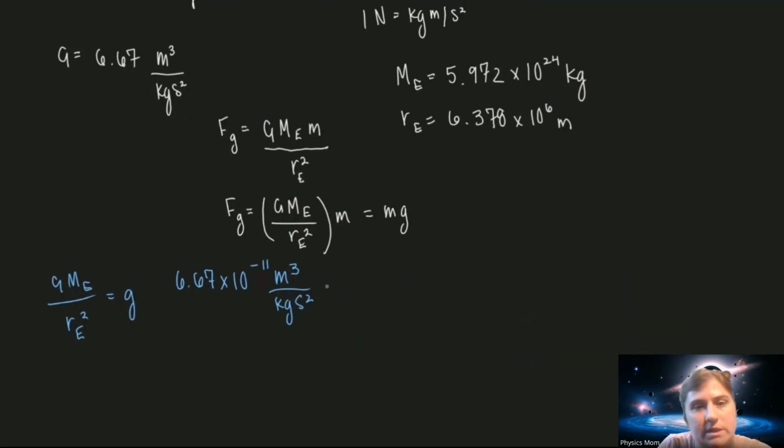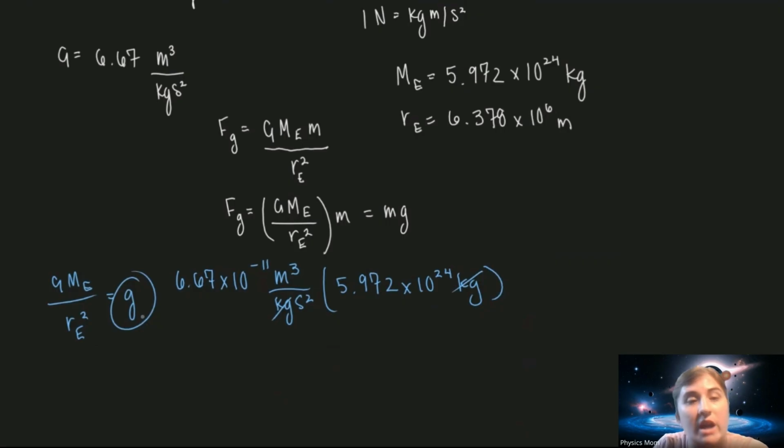This is times the mass of Earth, 5.972 times 10 to the 24 kilograms. You'll notice my kilogram unit cancels. If I'm looking for the acceleration due to gravity, the only units I better have left over are meters per second squared, because that is what acceleration is by definition. This is divided by my radius.